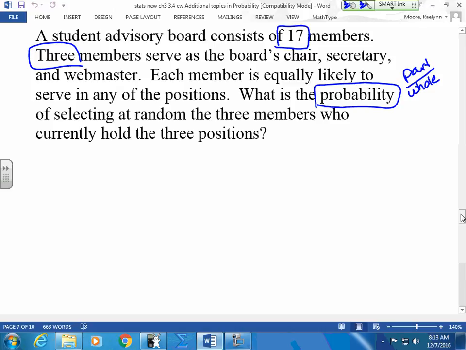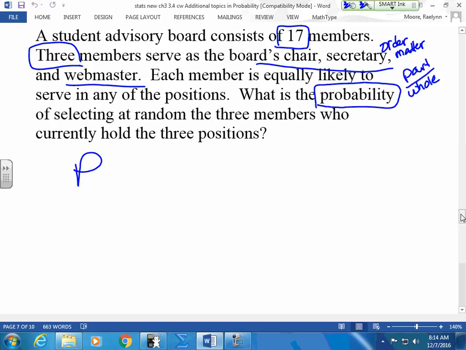So you've got to find your ways first. Now, does it matter what position you put these in, to be chair, secretary, and webmaster? Order is going to matter here because of these. This is how you're going to ask yourself: I need special positions, so order matters. So I'm automatically a P.